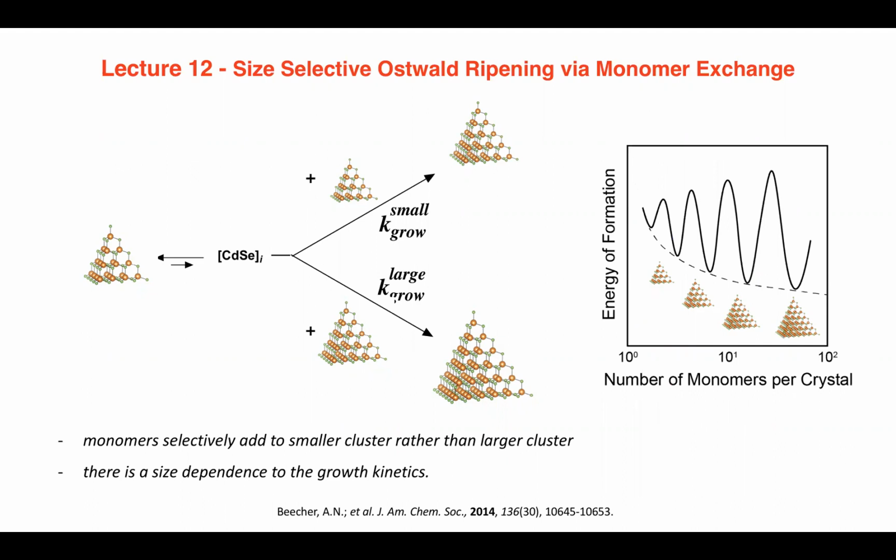For reasons beyond what we've talked about so far, we think this suggests an energy profile of something like this. As the crystals get larger, they become more stable. But we think the barrier for forming them gets higher and higher.